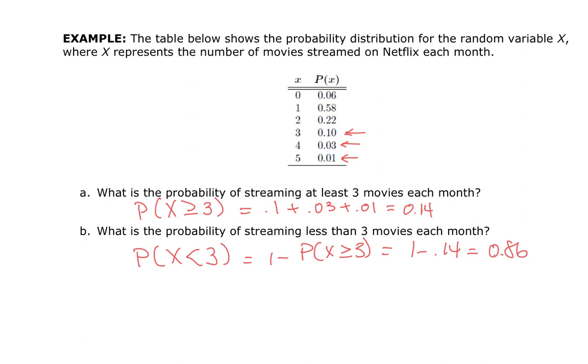Now the other way I could have done that is I could have just added up the probability of 0, the probability of 1, and the probability of 2. So I could have done that as 0.06 plus 0.58 plus 0.22, and I'm still going to get 0.86. Either way would have worked. And that's it for this video.